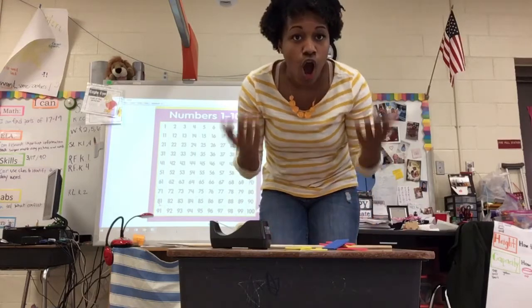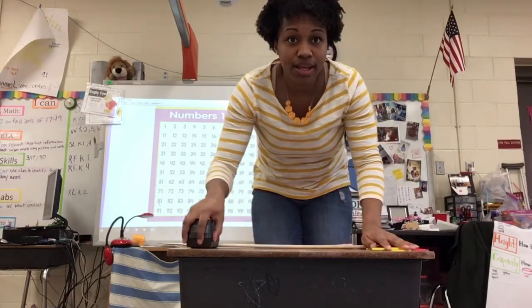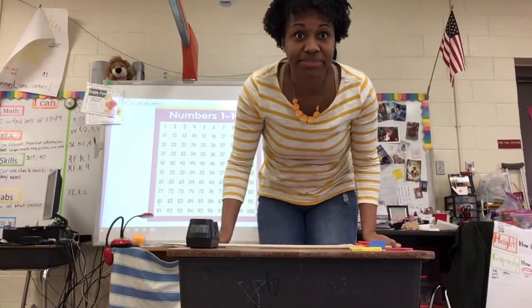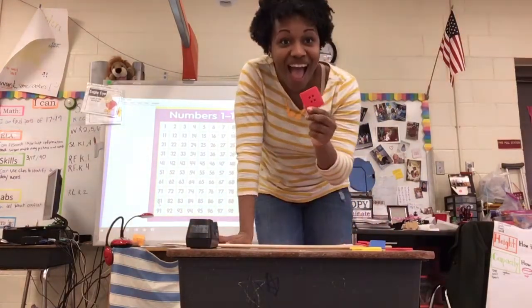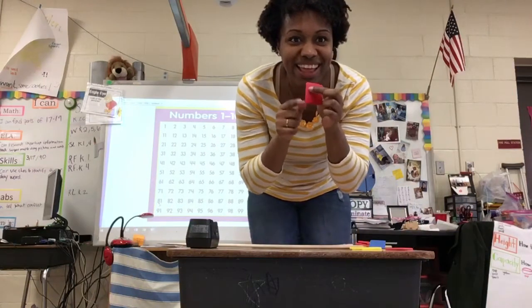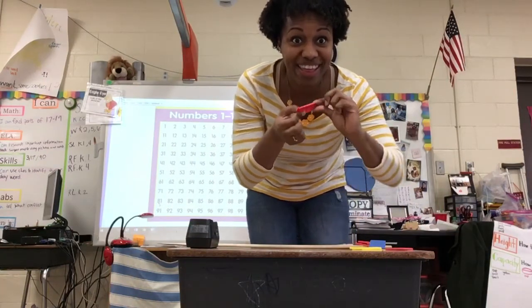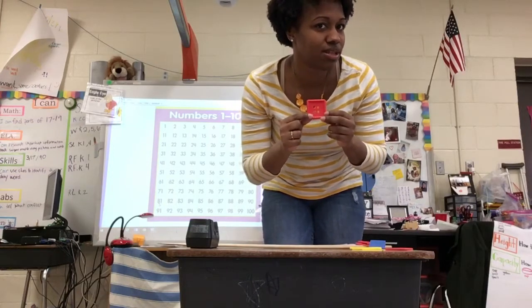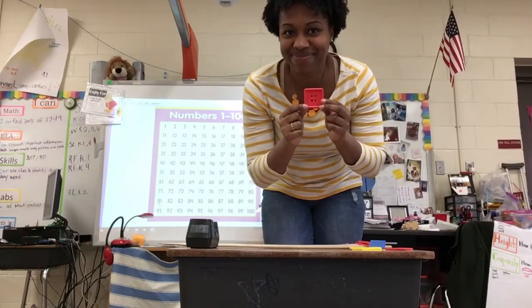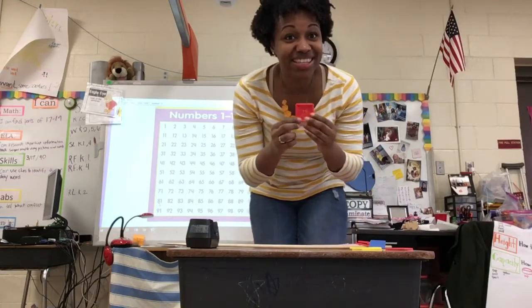Some of these shapes are going to be 2D, flat. All right, so let's see. Miss Moore's button is a shape, yeah? Some of us might know what this shape is. What do you think this shape is? Good job. Yeah, it's a square.